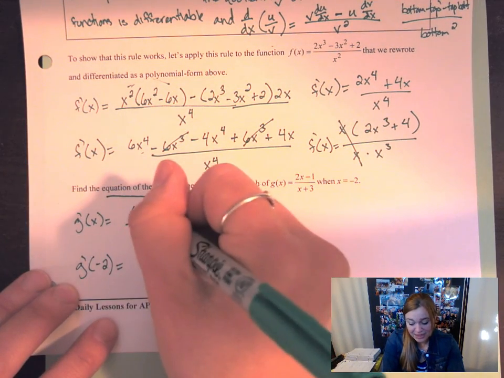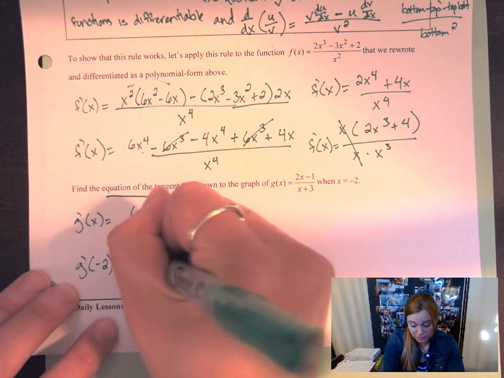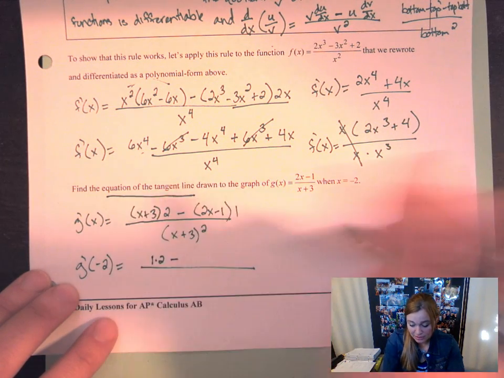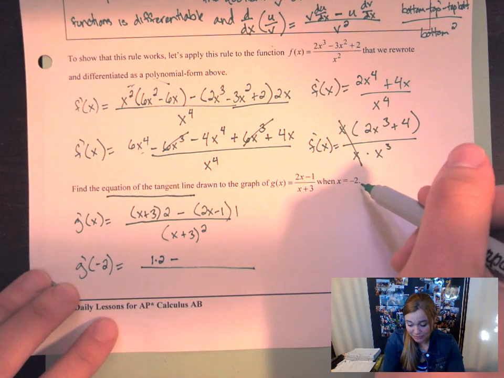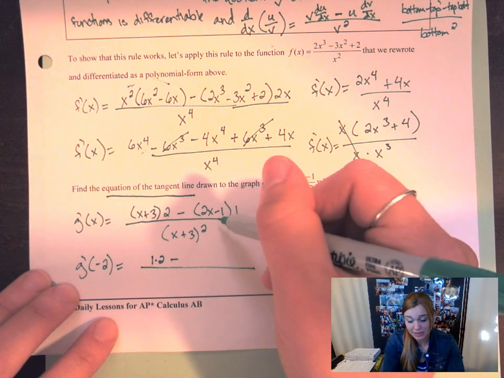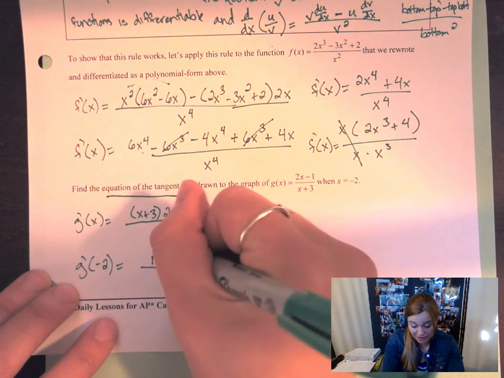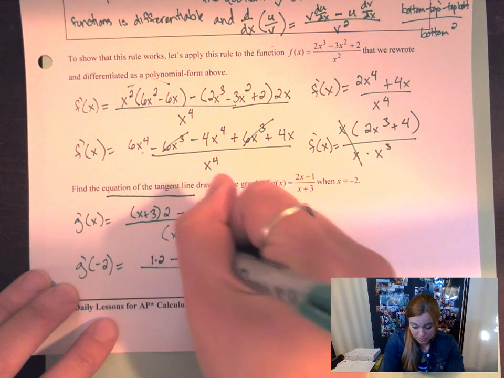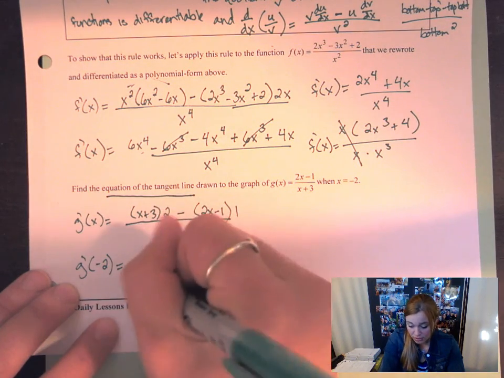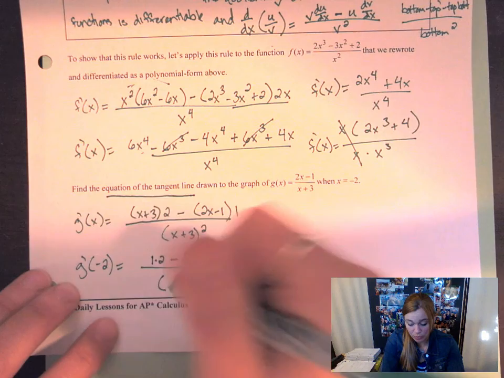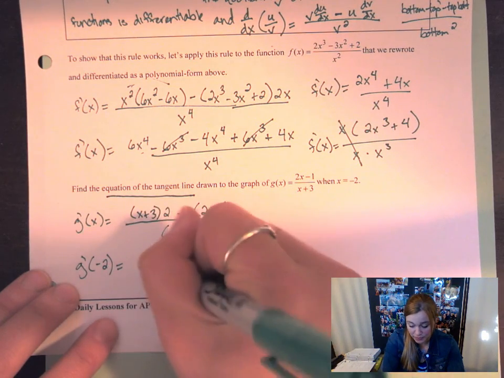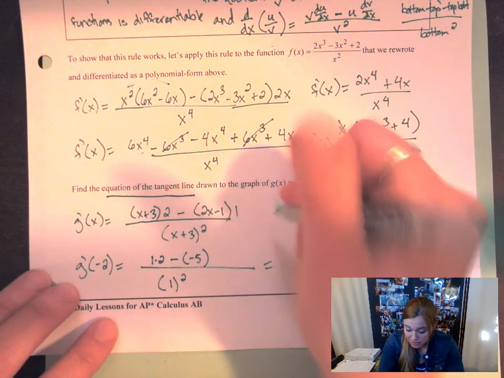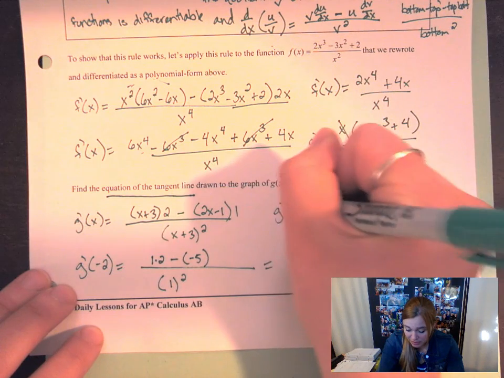Negative 2 plus 3 will be 1 times 2 minus 2 times negative 2 minus 1, so negative 4 minus 1 is negative 5, over negative 2 plus 3 would be 1 squared, and I would get g prime of negative 2.